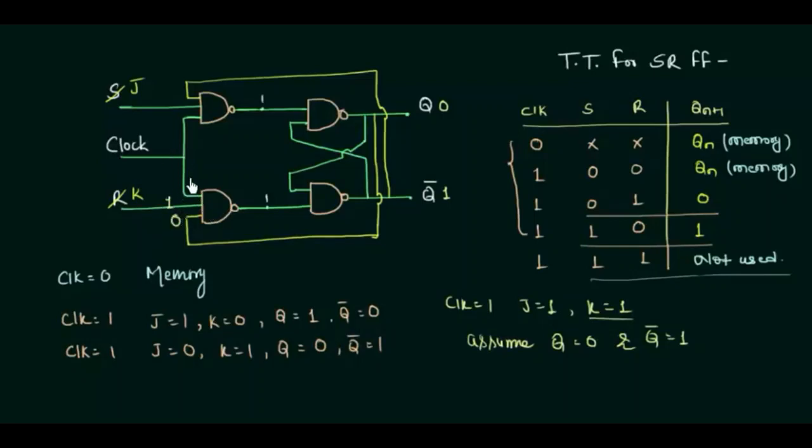Clock is also 1 always, and the Q complement is given as the input to this NAND gate and it is 1. So at this point I'm having 1, S is 1, clock is 1 again. Now we know how to operate with the NAND gate. First we have to take the AND operation for the 3 inputs, and then we have to complement it. So 1 and 1 and 1 is 1, and when we take the complement I'm having 0.